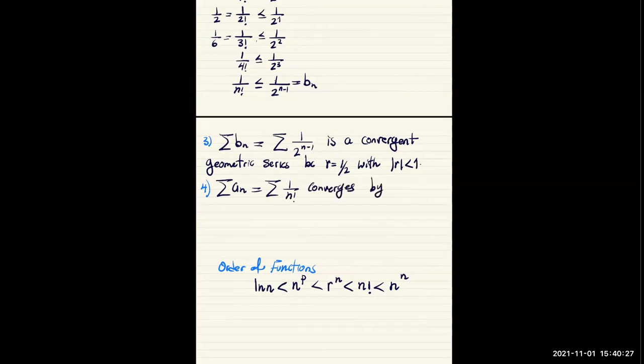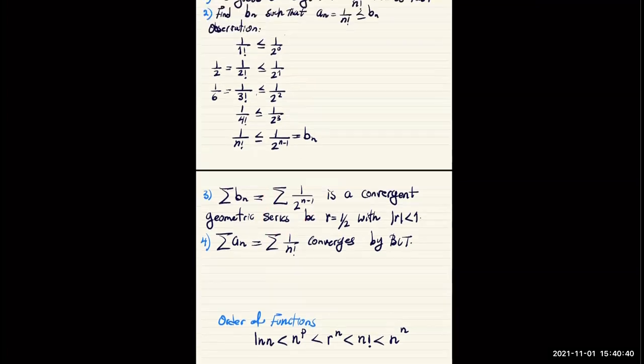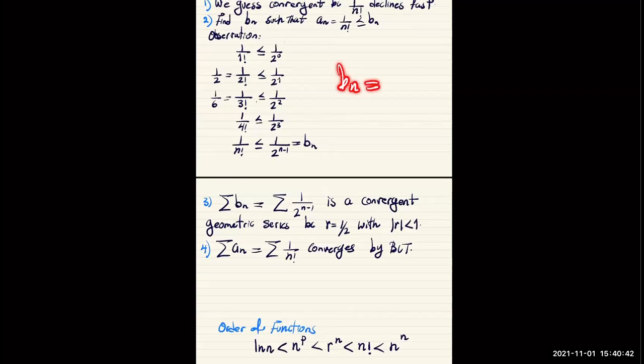Converges by basic comparison test. There are so many series that you can compare this series with. Okay, I compared it to the series 1/2 to the n minus 1. Someone else can say b sub n is equal to 1/n squared. That works out too.